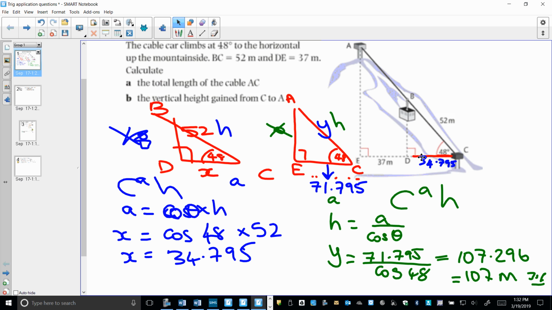If we have two lengths already, then you can go back to Pythagoras' theorem and use that. Alternatively, you can go back to labeling the H O A and you can use either the hypotenuse or the adjacent in order to find the opposite side. So you have a choice which method you would prefer. Let's do the Pythagoras option just to make sure that you're all remembering what Pythagoras' theorem is.